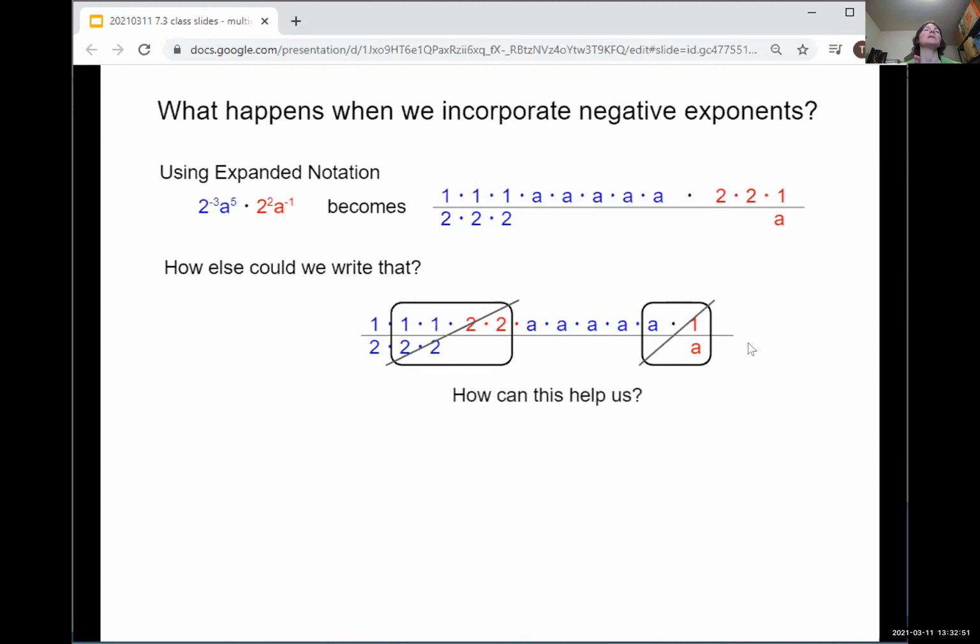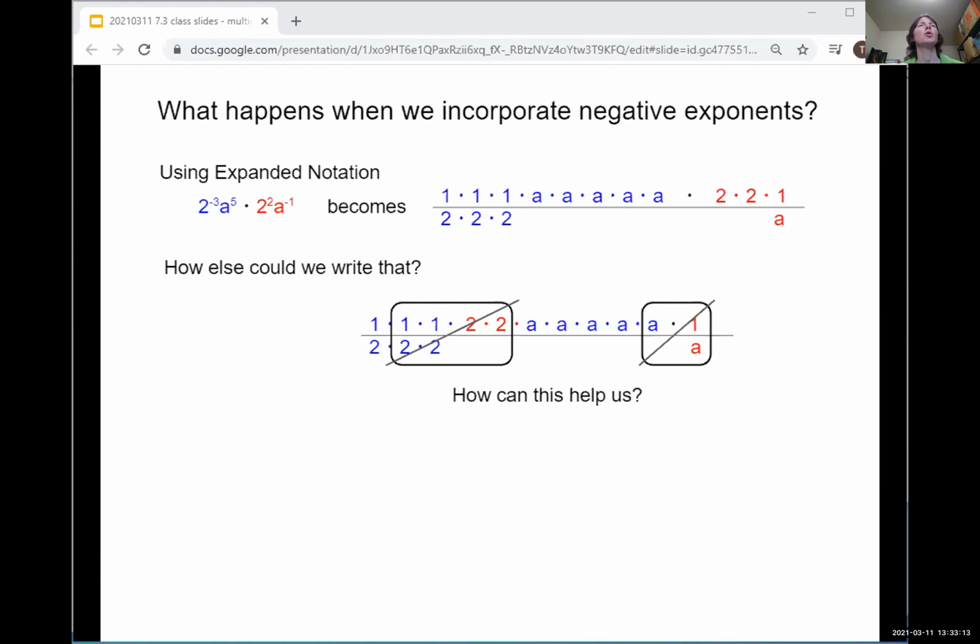Now, how does this help us? Is there a step that we can see to take next? Griffin, do you have an idea on this one? What maybe the next step we could take is? How can this help us, what we've just done? It kind of makes it a little bit simpler because there's not as much stuff.